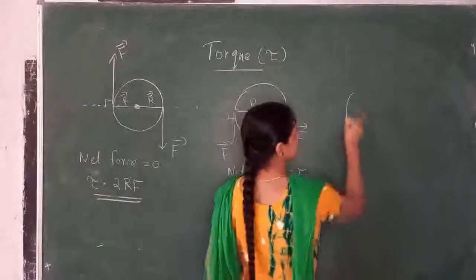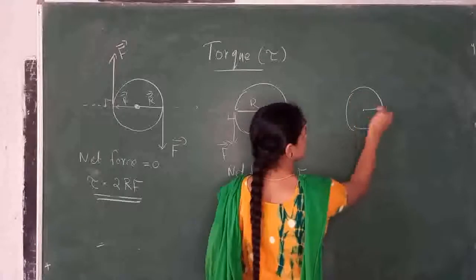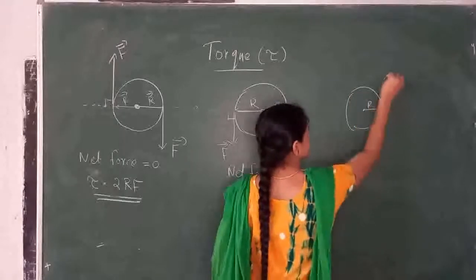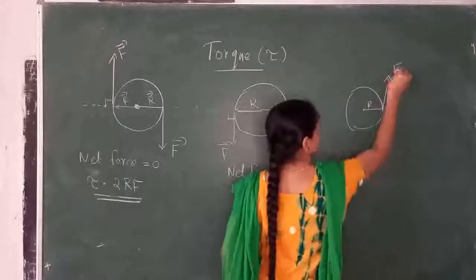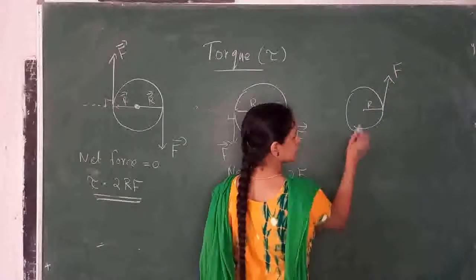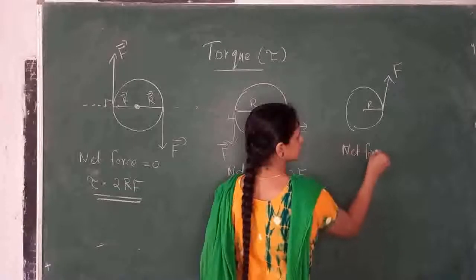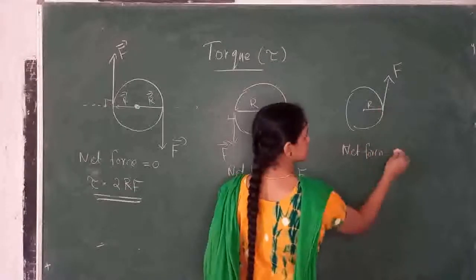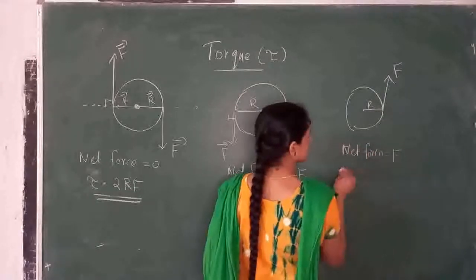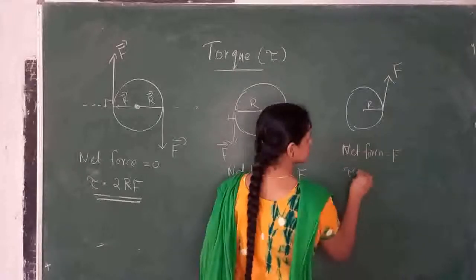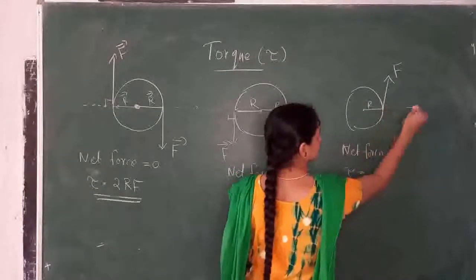If you are exerting the force only in one direction, say this direction, then what is the net force? Net force is equal to F. Net torque? What is the torque here?